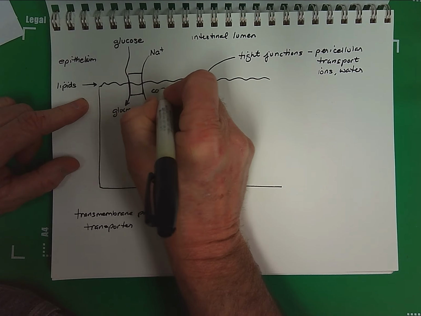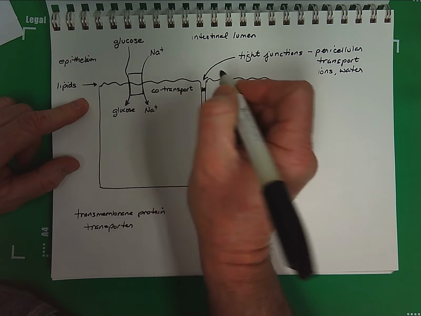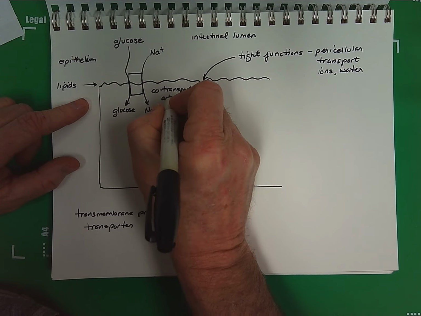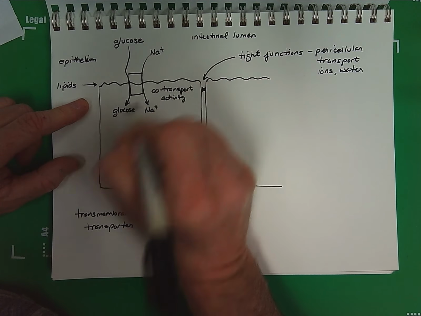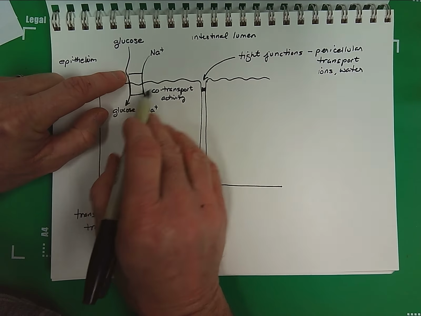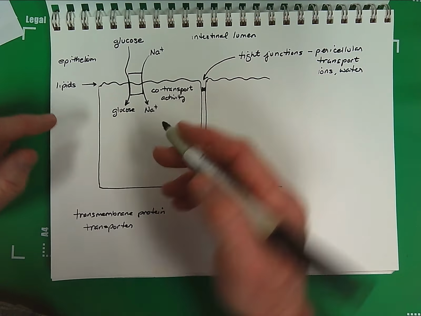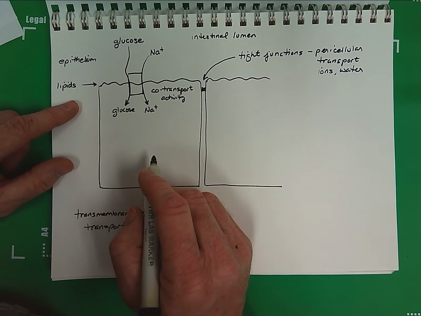So this is a co-transport activity. What this means is that the transporter will only work when glucose is bound and a sodium ion is bound. Then both of these will be transported in simultaneously.